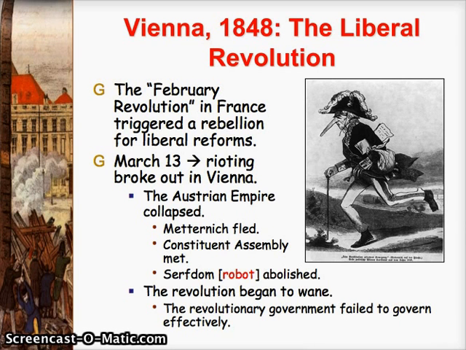But what you're going to see is, partly because the revolution is not particularly organized, it is going to wane.